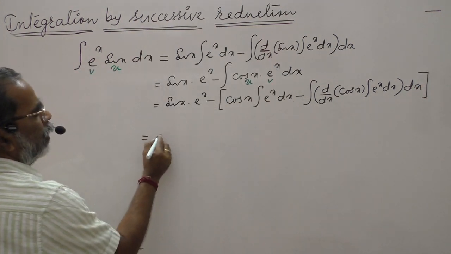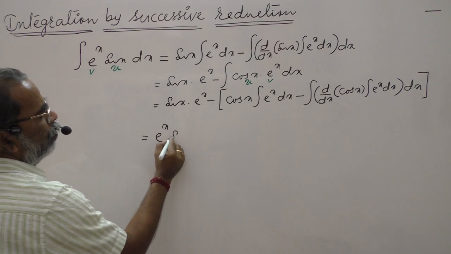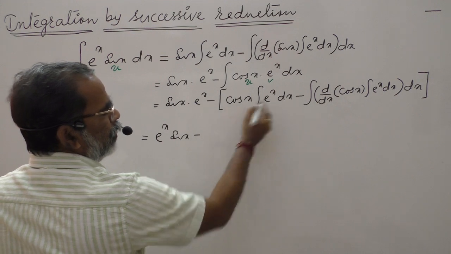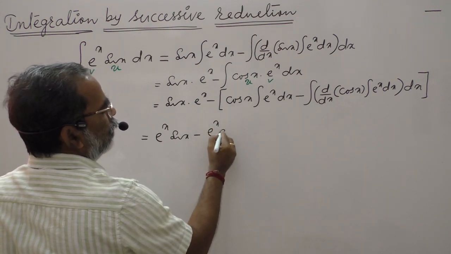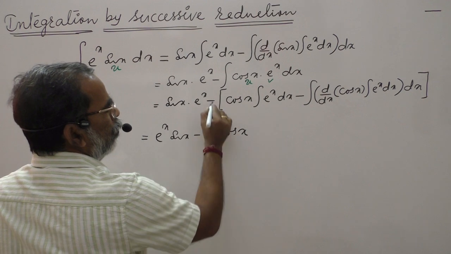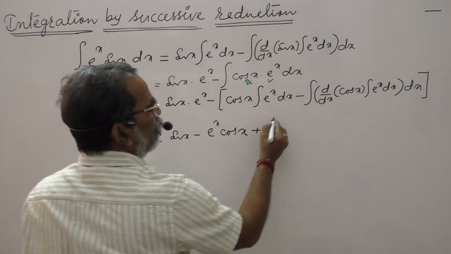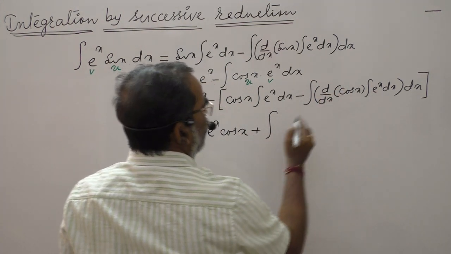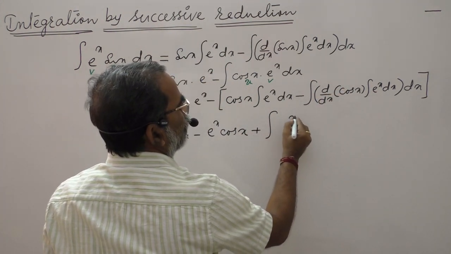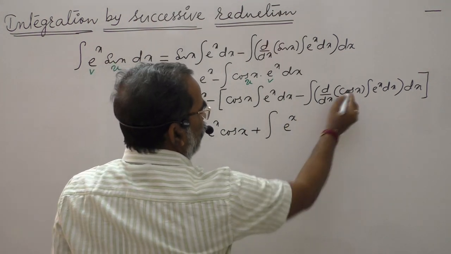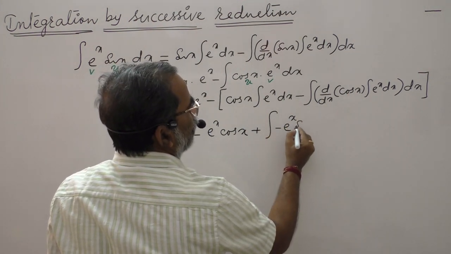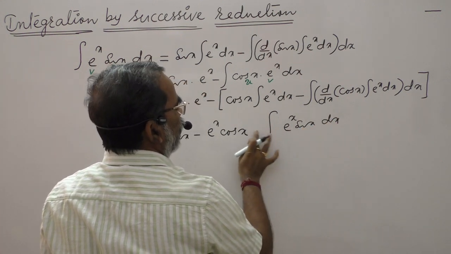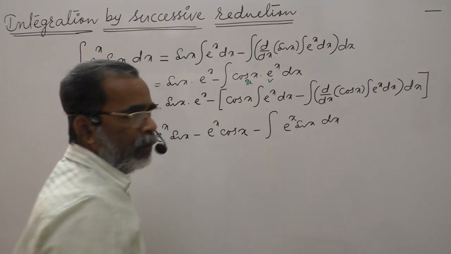Yes, now what does this become? This is e power x into sin x, minus of, what is there? Cos x into e power x, the derivative of e power x only, minus into minus is plus. What will we have? D by dx of cos x and integral e power x only. The derivative of cos x is minus sin x, into dx. This minus can be written here, plus into minus minus.